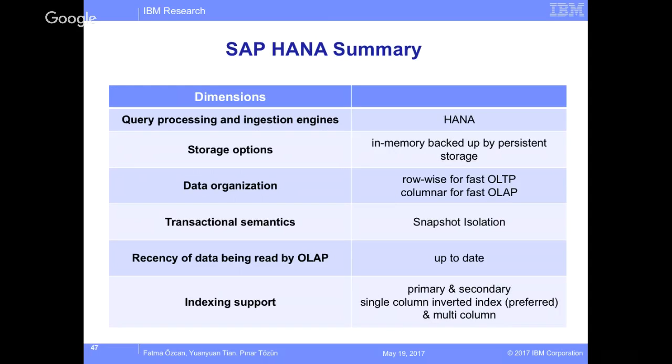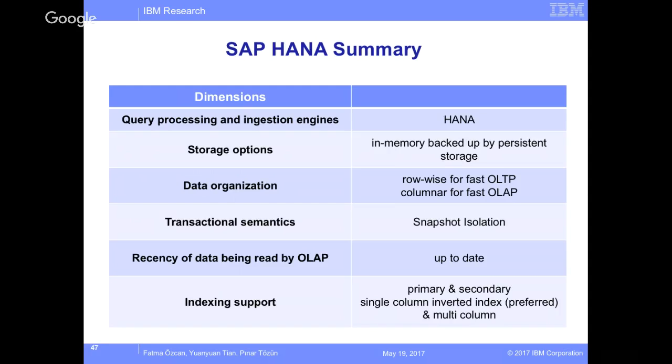And yeah, just to summarize, again, in HANA you have a single engine, that is HANA, and it's in-memory optimized, but of course they have persistence through secondary storage, and they provide two data formats.